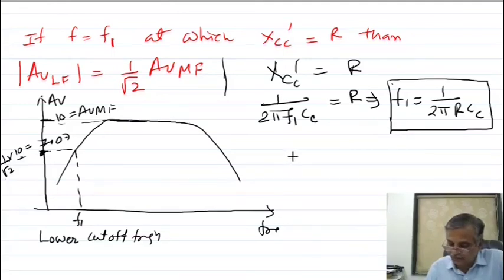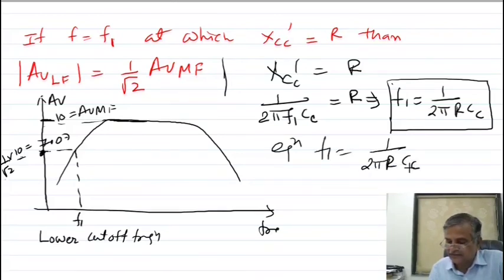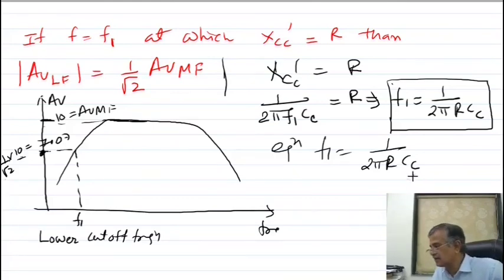So F1 is called lower cutoff frequency. So equation of lower cutoff frequency is 1 upon 2 pi RCC. So from this one conclusion, coupling capacitance affects the low frequency response and shunt capacitance affects the high frequency response.